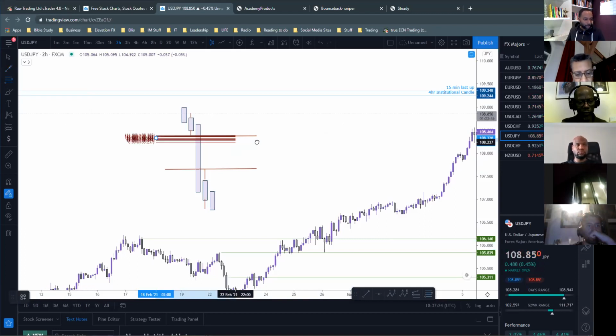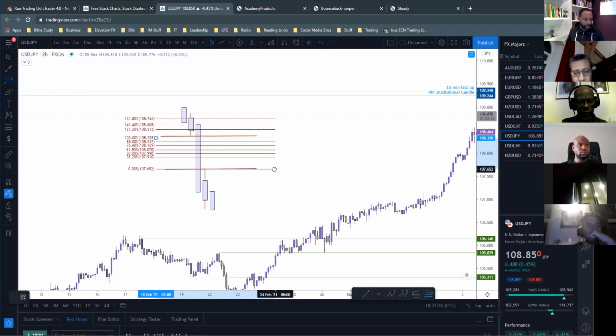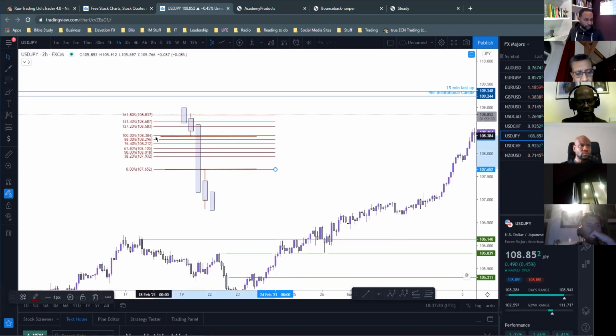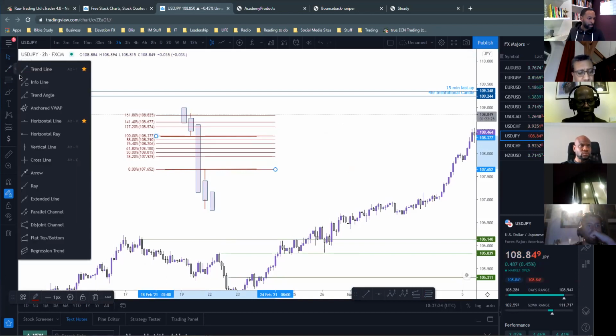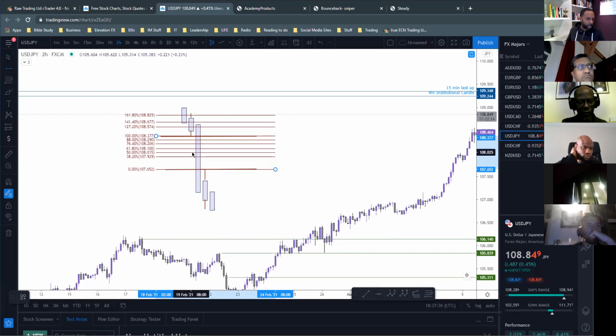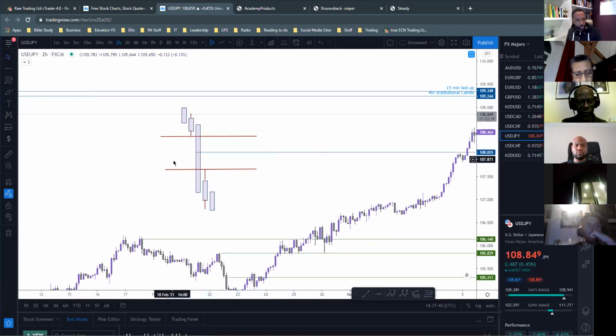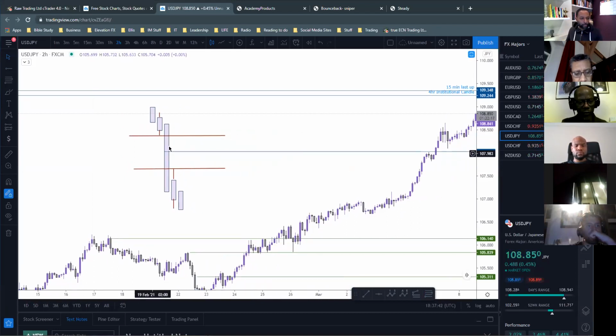So what we can do here is take our Fibonacci, go from here to here, and we can know that the imbalance is going to be filled. Depending on what currency pair or commodity you're watching, usually the imbalance will be filled to somewhere around 50%. And so it's quite a reliable trade to look to the 50% mark for a reaction of some kind.